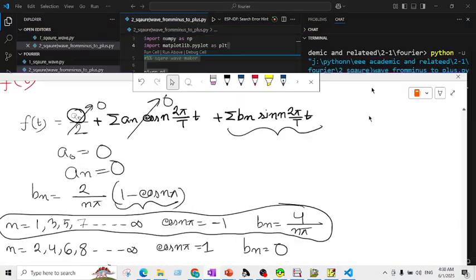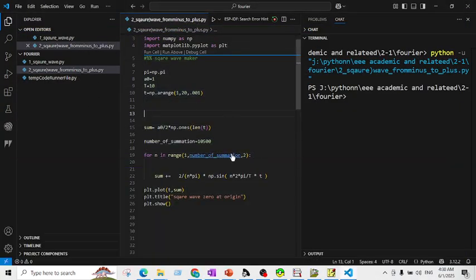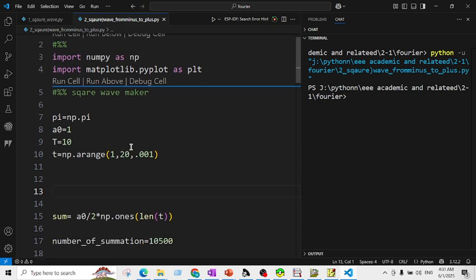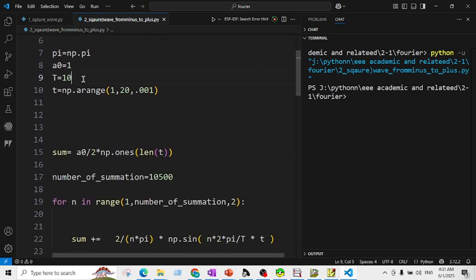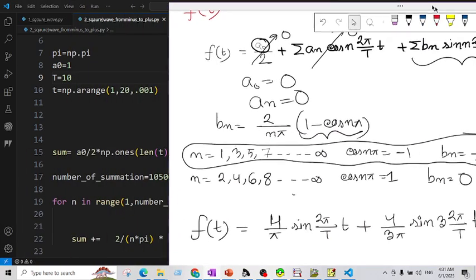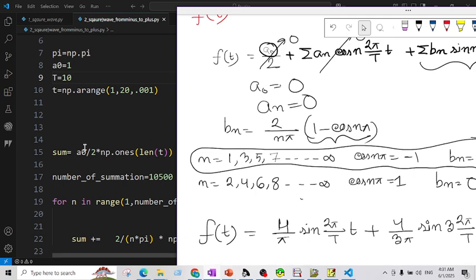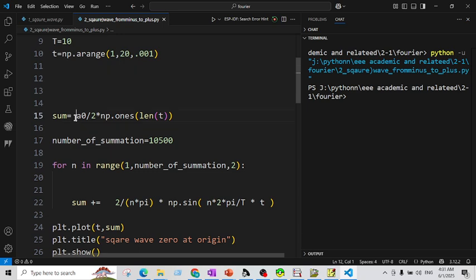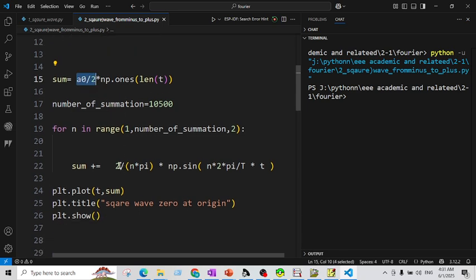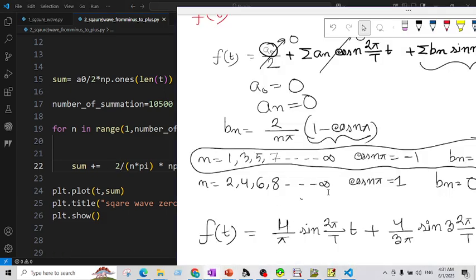So what is inside my Python code? I want my time period T to be 10, so T by 2 is obviously 5. Now I have to write here a naught by 2, and here instead of 2 I need to write 4.